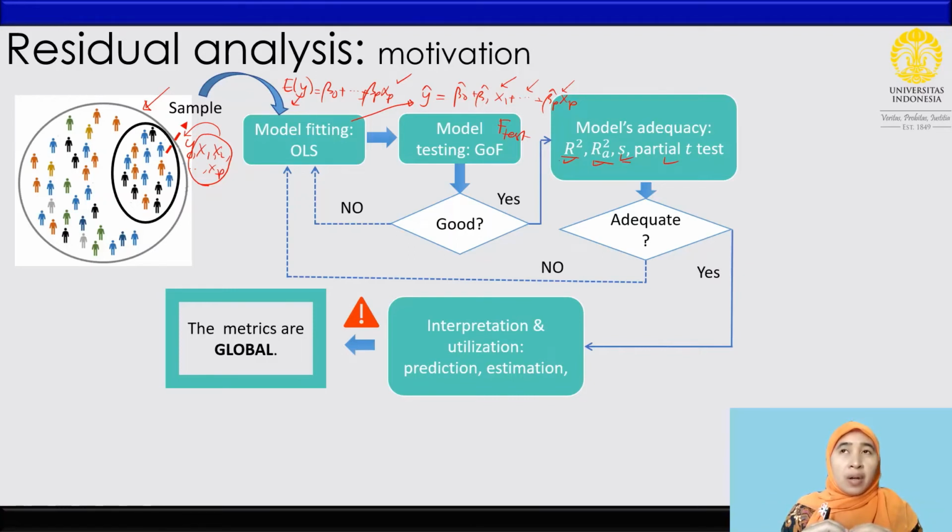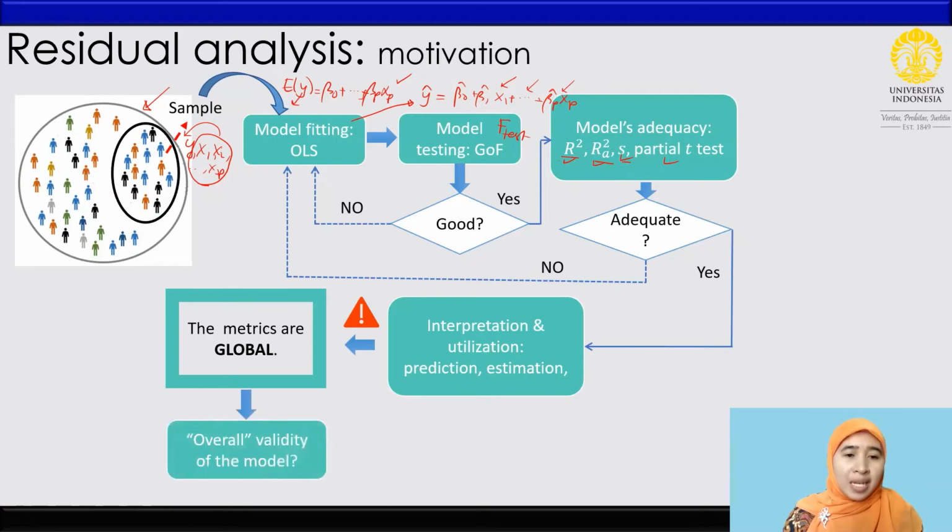On average everything might seem okay, but if you look at each data point one by one, some part of the data might deviate from what we expect. So we have to check the overall validity of the model, not just on average, but for each data point to behave as expected in the model.